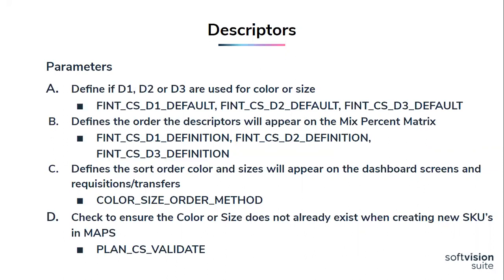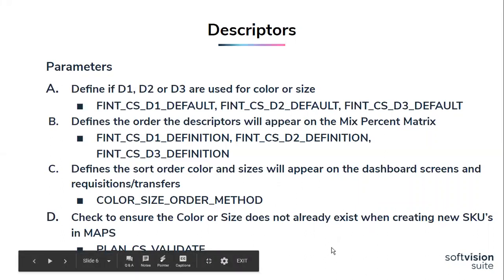And our fourth parameter is basically used for those clients that set up placeholder items before they're set up in their host system, or for those clients that actually set up product codes within Softvision Suite and interface them back to their host. We have a parameter that allows us, when creating those product codes within the wizard and new product setup, to make sure that we don't duplicate any colors or sizes that have already been set up within the system.